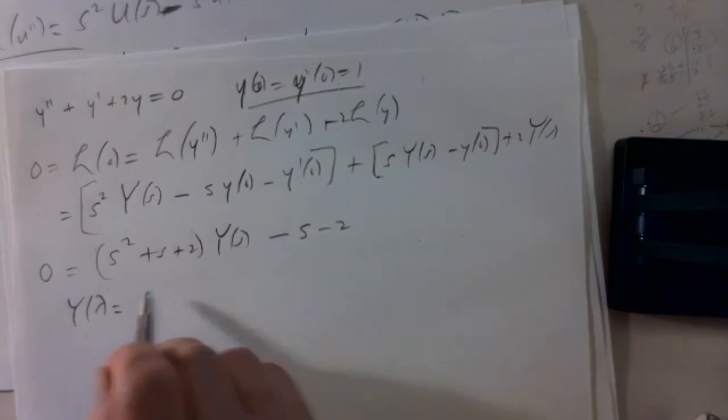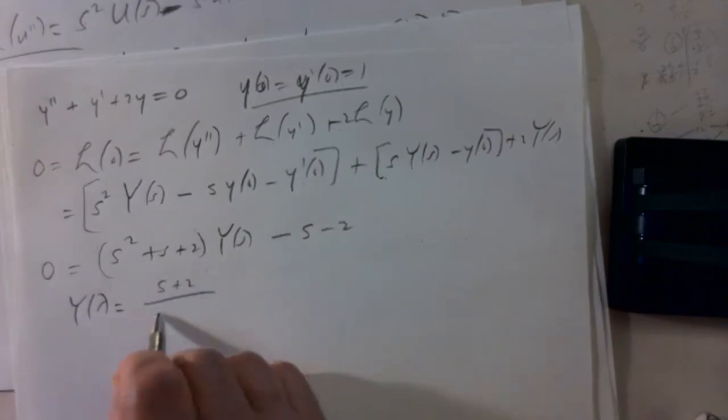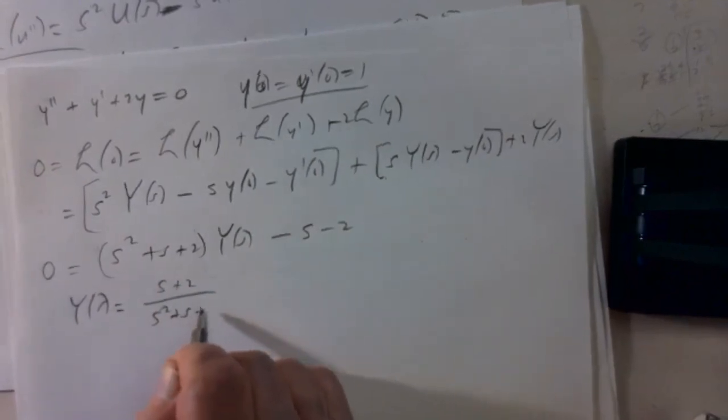So that means Y of s is equal to s plus 2 over s squared plus s plus 2.